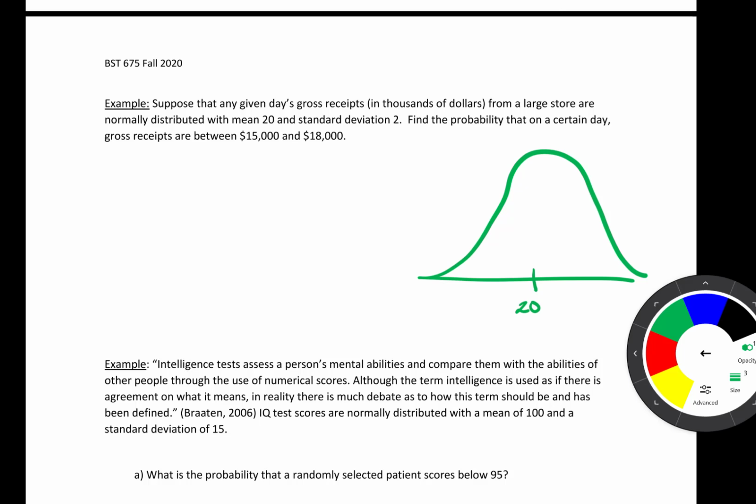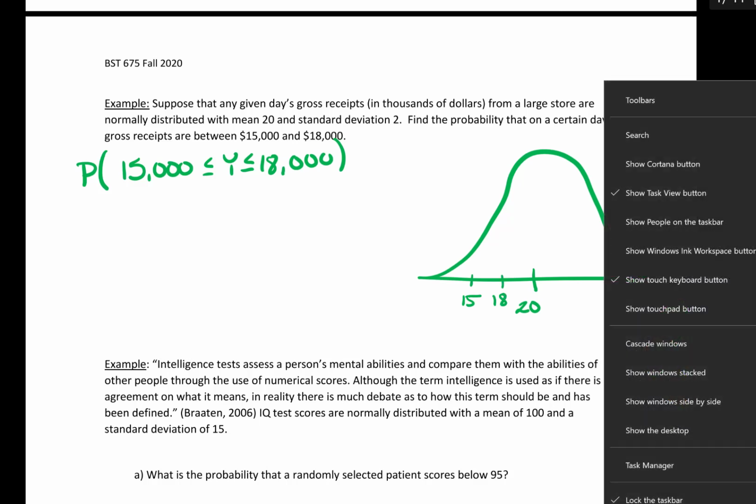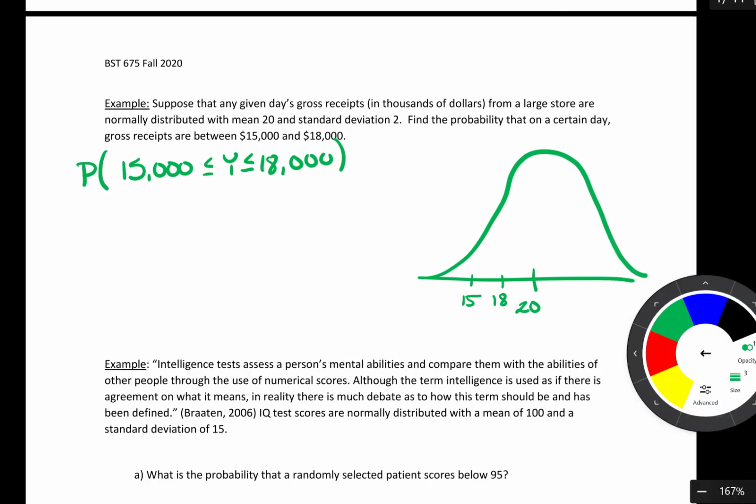The probability that I'm interested in here, if my random variable is y, is y being between 15,000 and 18,000. So coming down here, I'm interested in between 15 and 18, and again, assuming these are in thousands. And if I draw the area, this is the area that I'm interested in.